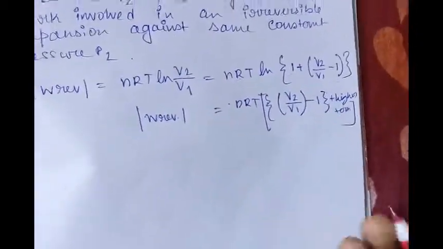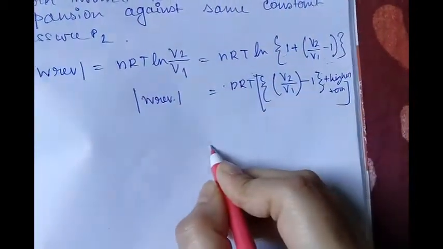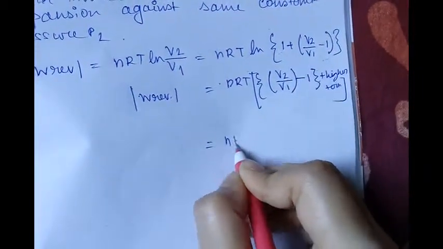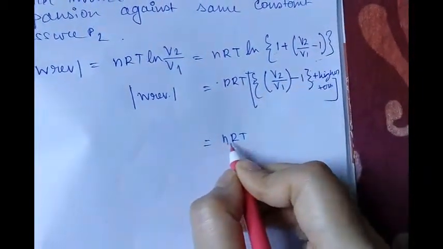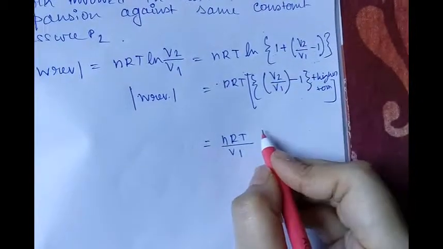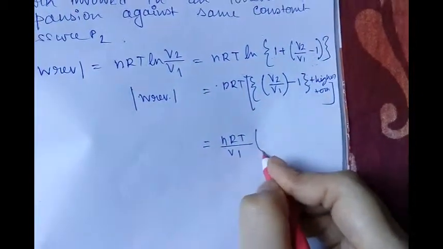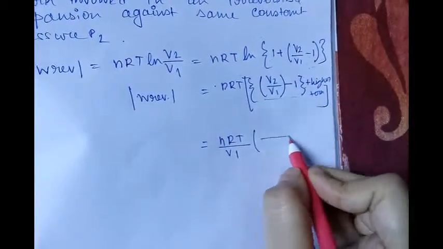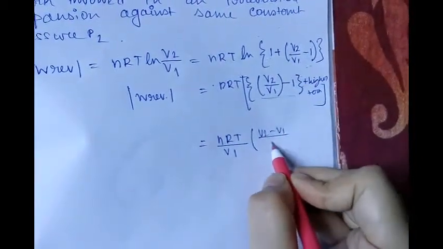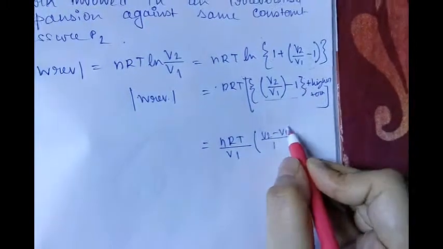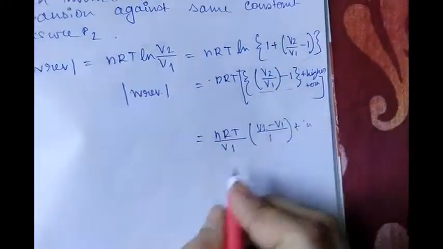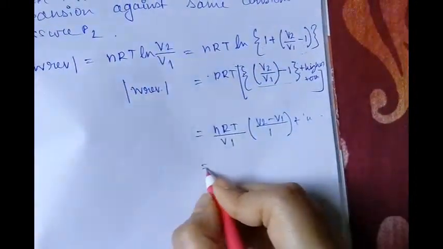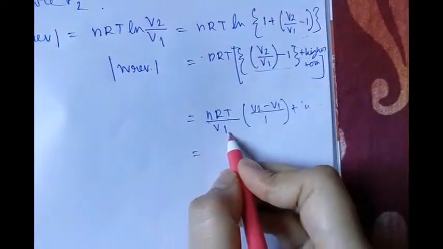Then it will be equal to nRT by V1 into, by simplifying this, (V2 minus V1) plus higher terms, that will be equal to nRT by V1.